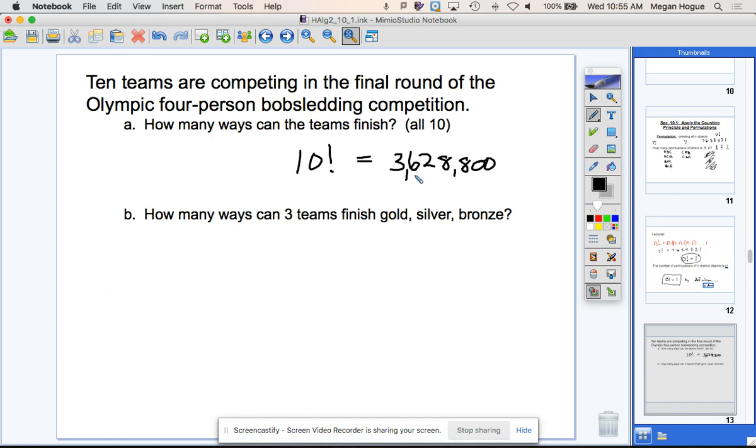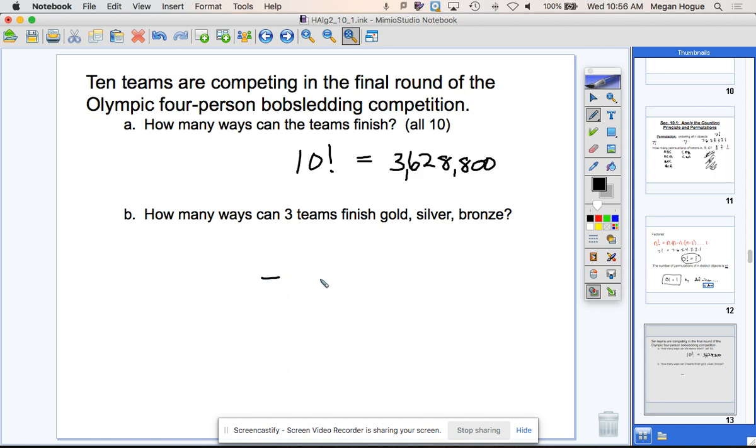3,628,800. The second part then is how many ways can 3 teams finish gold, silver, bronze? What do you think we're going to do for that? Would it just be 10 times 9 times 8? Yeah.